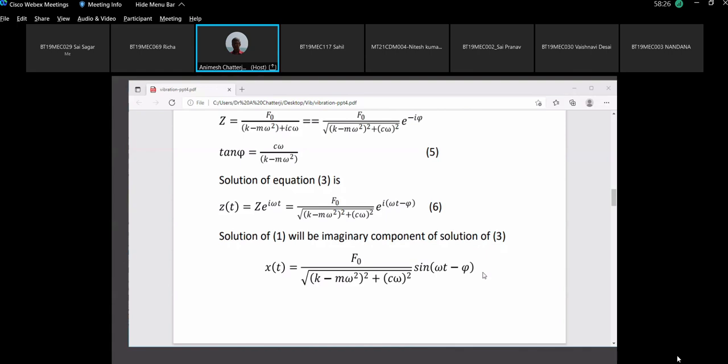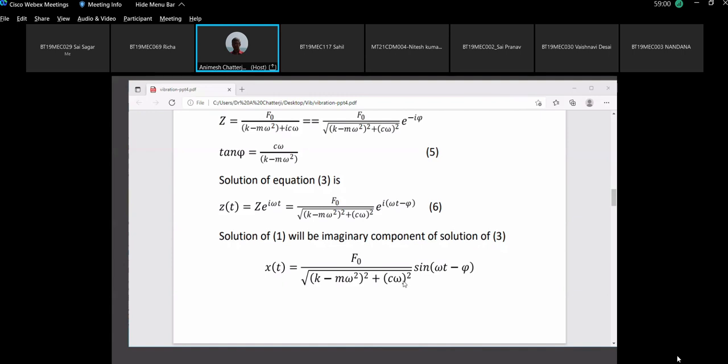But vibration magnitude will be different and will have a phase lag compared to the excitation force. So vibration is also a sine curve. Only the magnitude of this sine curve will be different compared to excitation, and the phase will be different. There will be a phase lag. That is number one.